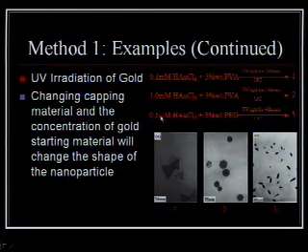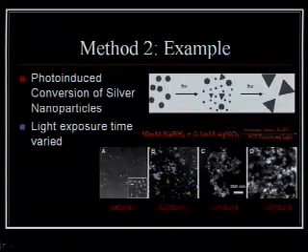And then they went back to the original concentration of the gold solution, the 0.1 millimolar, and then just used polyethylene glycol instead of the PVA, and they got these sort of ellipsoidal structures instead of the triangular prism structures.